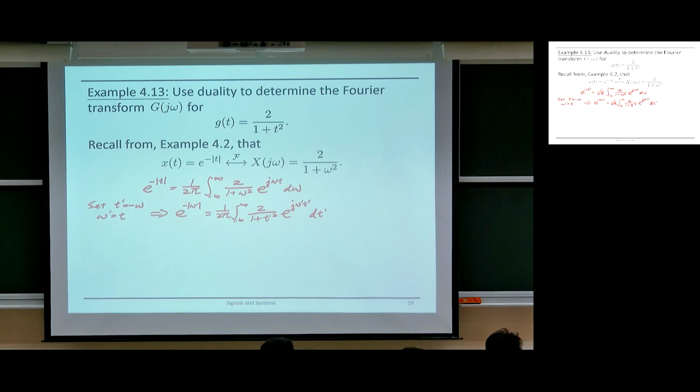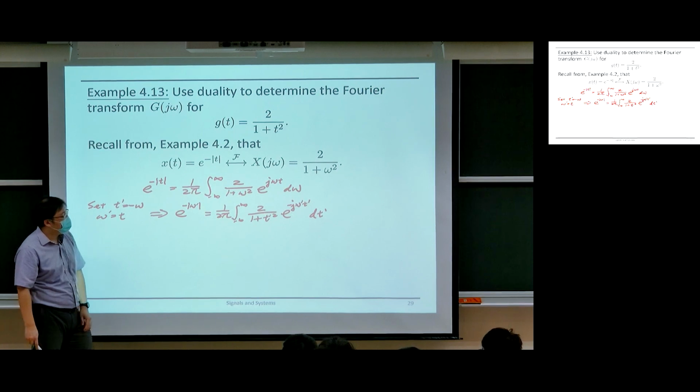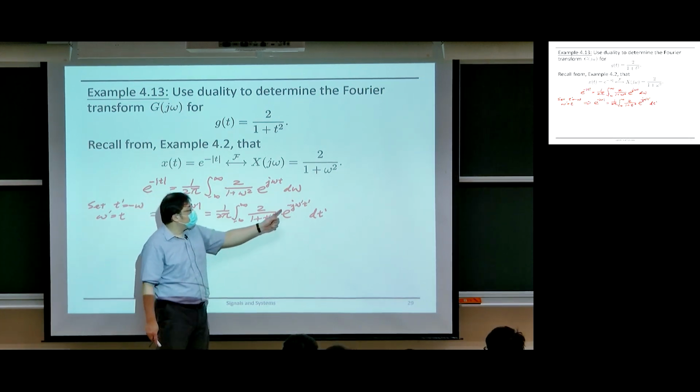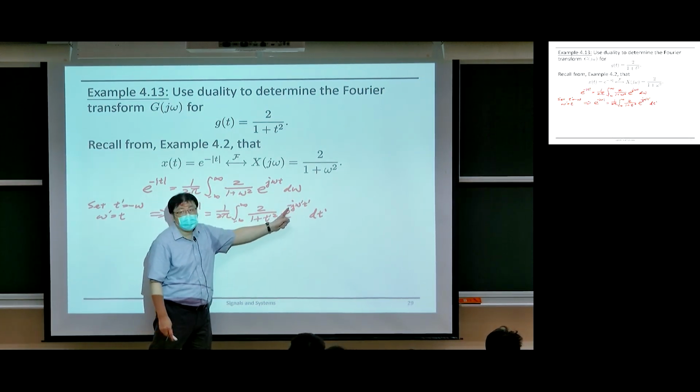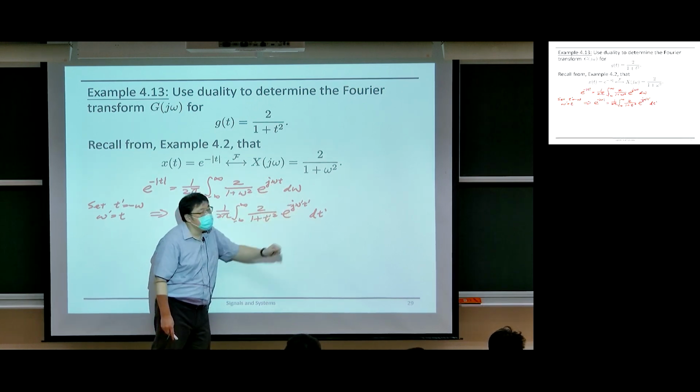Okay? So that can help me reduce one step. Okay. So in that case, I will have a negative sign here. Okay? So if I let t prime be equal to minus omega, I should have a negative sign here, because originally omega is changed to minus t prime.